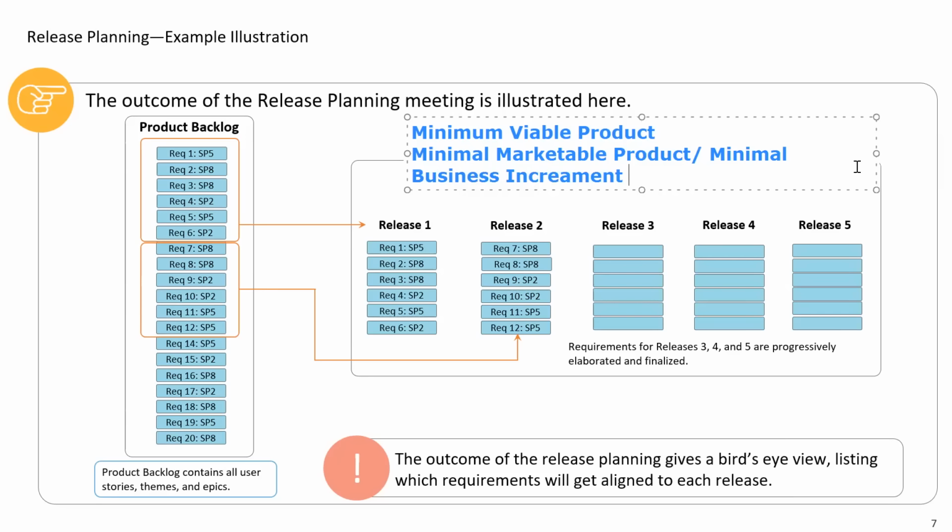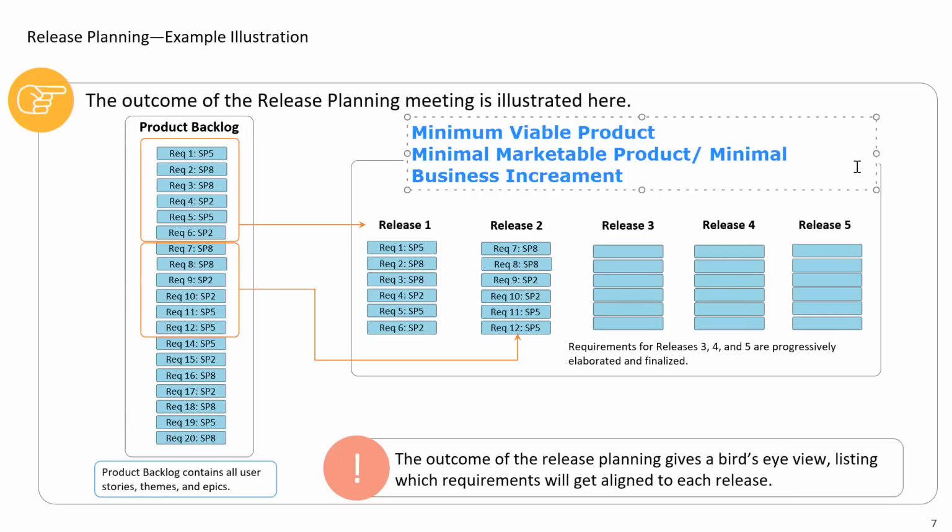Now see, what is the difference between a minimal marketable product and a minimum viable product? Just recall products such as the Uber app, or a fintech app such as Paytm or Google Pay.